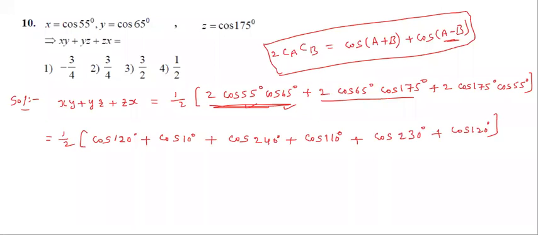Okay. Now calculate this. How to calculate? 1 by 2 into cos 120. 2 into cos 120. Okay, good. Plus cos 10. How to write? Plus cos 240. Observe these two.